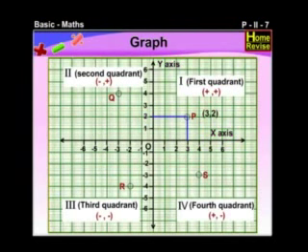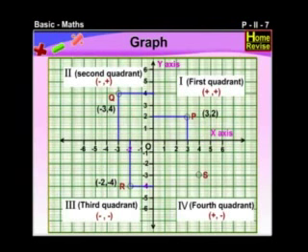The coordinate of point Q is given as minus 3 and plus 4. That means the x coordinate is minus 3 and the y coordinate is plus 4. The coordinate of point R is given as minus 2 and minus 4. That means the x coordinate is minus 2 and the y coordinate is minus 4.